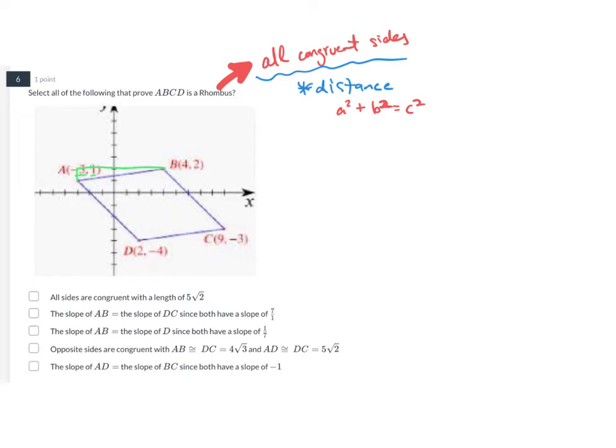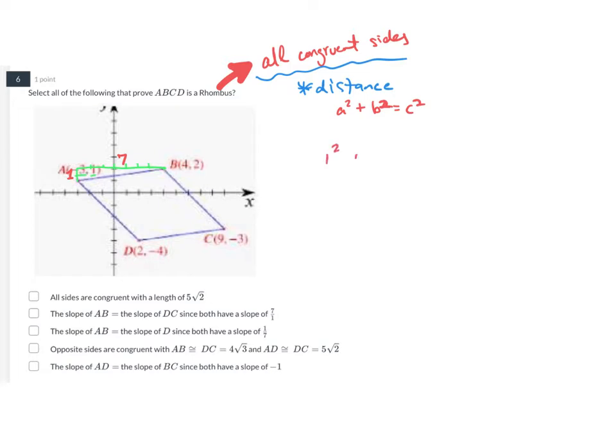I'm going over 1, 2, 3, 4, 5, 6, 7. So I'm going up 1 and over 7. And the cool thing is I'm not really even going to do the Pythagorean Theorem. Well, I guess I can do it really fast.